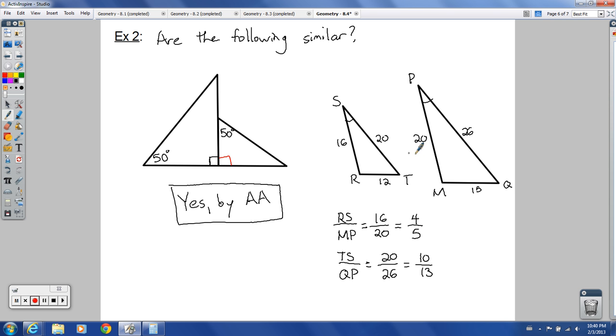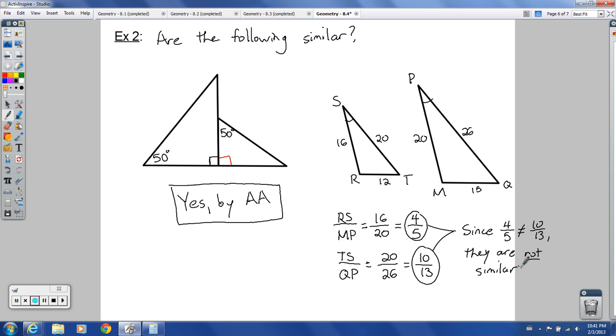How many sides have to be proportional for similar shapes, similar polygons, similar triangles in this instance? They all do. Since these are not equal to each other, this does not equal that. Let's write that down. Since 4/5 does not equal 10 over 13, are these going to be similar to one another? No. So they are not similar.